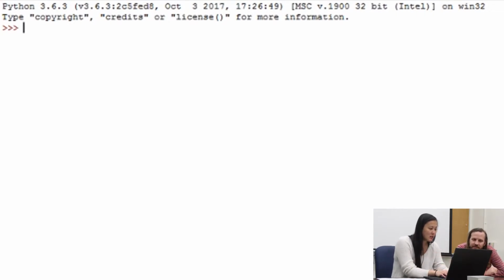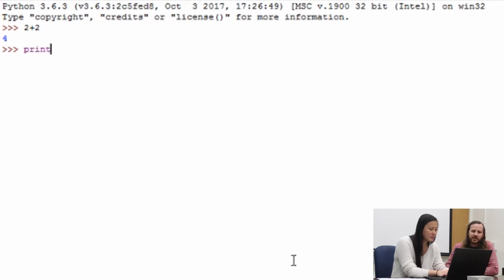Let's do 2 plus 2, and you should get 4. When you hit enter, your answer is 4. If you were to do this in Eclipse, you would have to do print 2 plus 2. Let's see what that looks like in here.